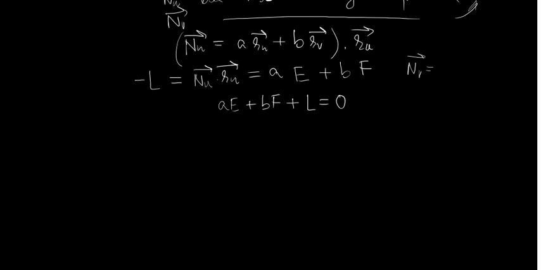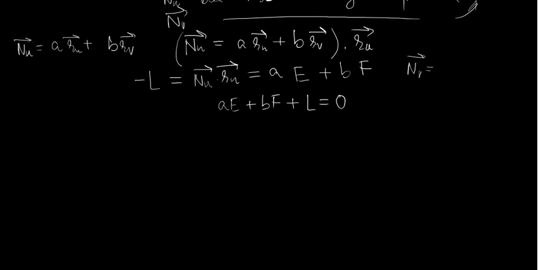No, first, that's one way. Another way of doing it would be I take the same equation, and let me write it here: n_u is equal to some a times r sub u plus b times r sub v. I want to evaluate what these numbers should be in terms of the numbers that I already know.